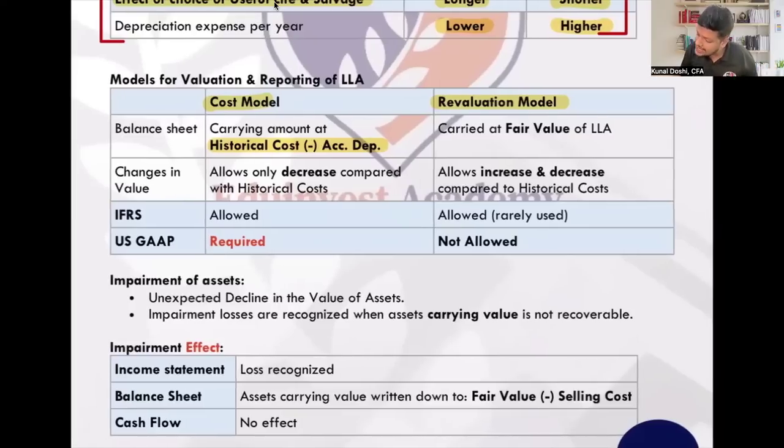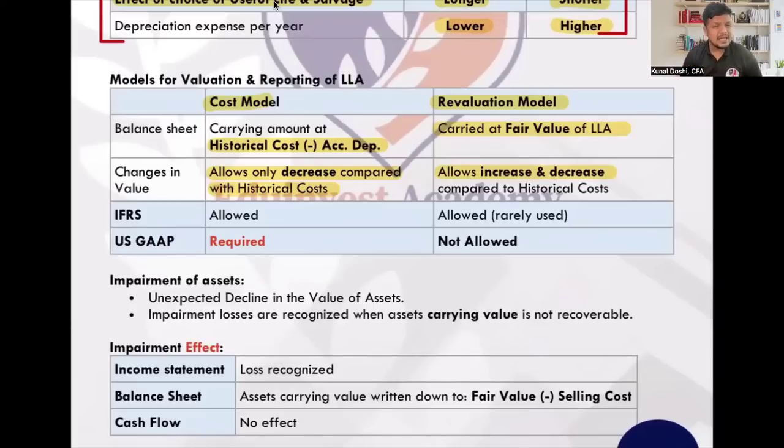So here, the asset's value will always keep on decreasing because we take the base as the historical cost. But that won't happen in a revaluation model. In a revaluation model, we carry the assets on the balance sheet at fair value. Therefore, the asset's value might be higher or lower than the historical cost because we are doing it at fair value.